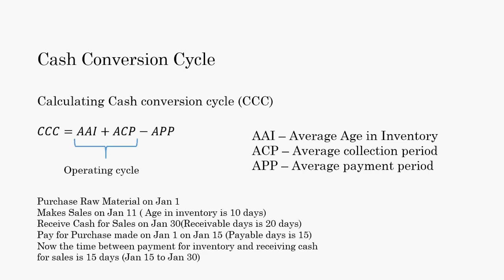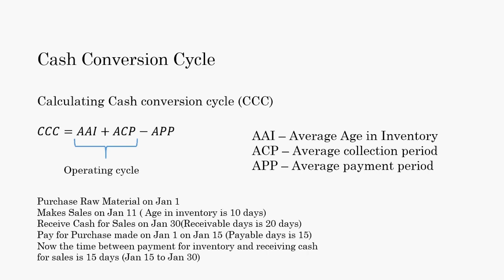You pay for your raw material on Jan 15th and collect the cash from your sales on Jan 30th. So the cash conversion cycle for this transaction is 15 days. Using the formula, average age of inventory is 10, receivable days is 20, so 10 plus 20 is 30, minus 15 days for payable, gives the answer of 15 days.